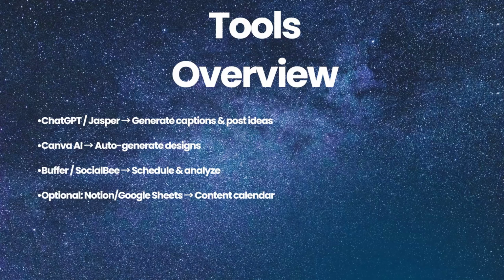And optionally, we can also use Notion and Google Sheets as a content calendar. We just need to connect our Google Sheet to a particular AI. I will show you that on a later slide with a practical example, like how we can connect our Google Sheet and fetch the data using an AI tool.